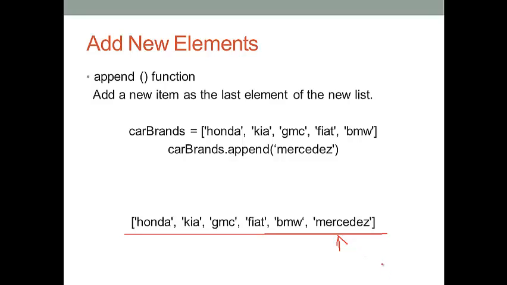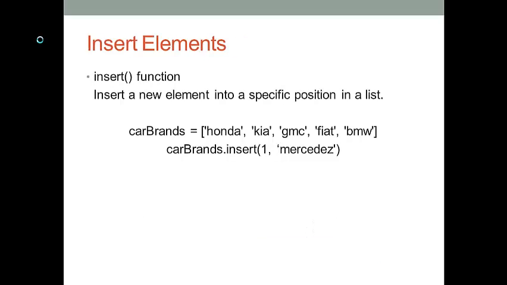Some classmates may say, I don't want to add Mercedes to the end of the new list. I want to add Mercedes as the second element in the new list. What should I do? We can use the insert function. The purpose of the insert function is to insert a new element into a specific position in a list.